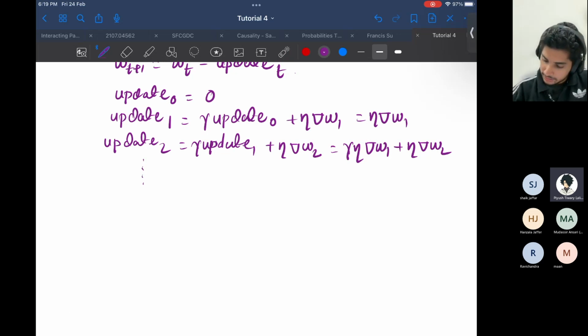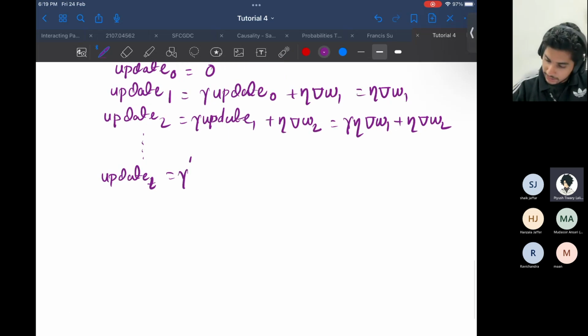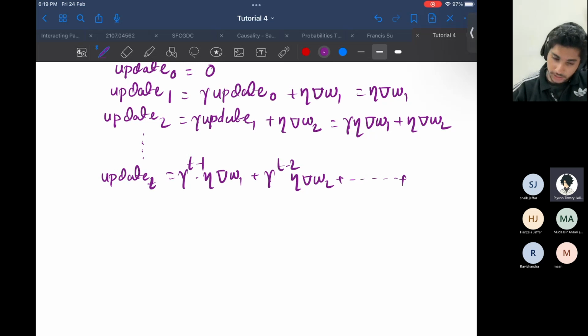And if you keep writing, you will see that the general update step at time instant t is something like gamma raised to t minus 1 eta times the gradient with respect to w1 plus gamma raised to t minus 2 eta times the gradient with respect to w2 plus dot dot eta times the gradient with respect to wt.